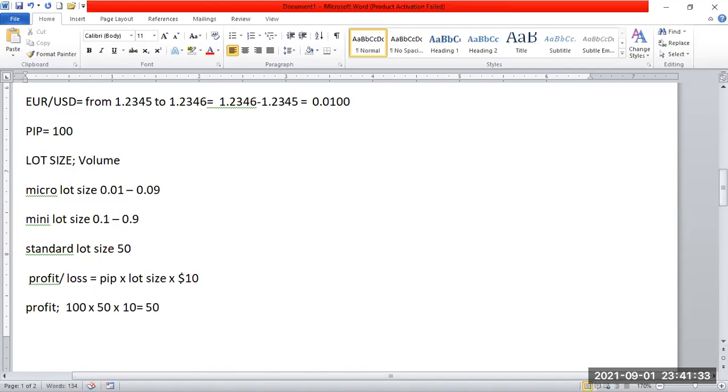So you would have made $50,000 from this if you use a lot size of 50 and it made a 100 pips move. There are people who make this in a day, but it is not a day's job. Those people might have been trading for like 2 decades, maybe, or more. The likes of Warren Buffett.